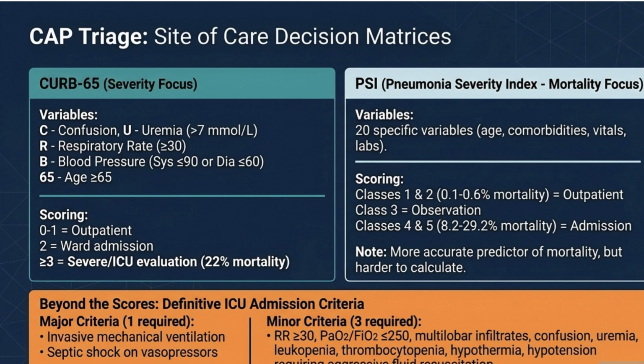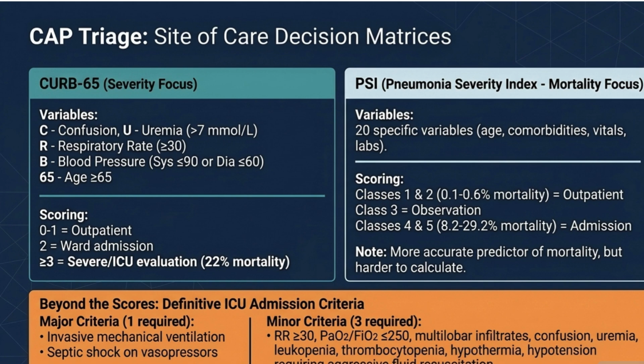A score equal to or greater than 3 mandates severe ICU evaluation. The Pneumonia Severity Index is more accurate for mortality, but harder to calculate at the bedside.